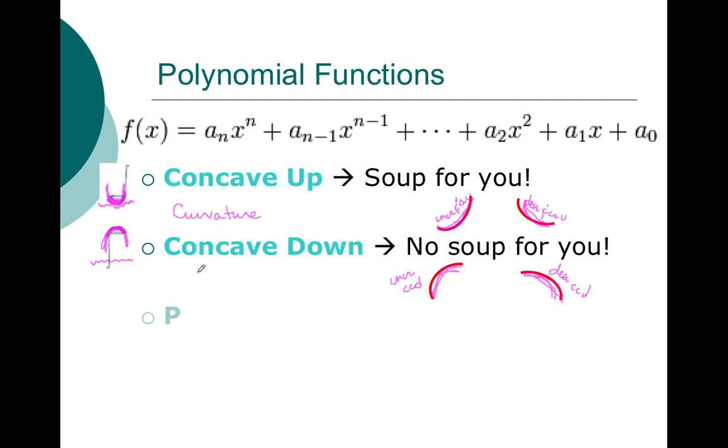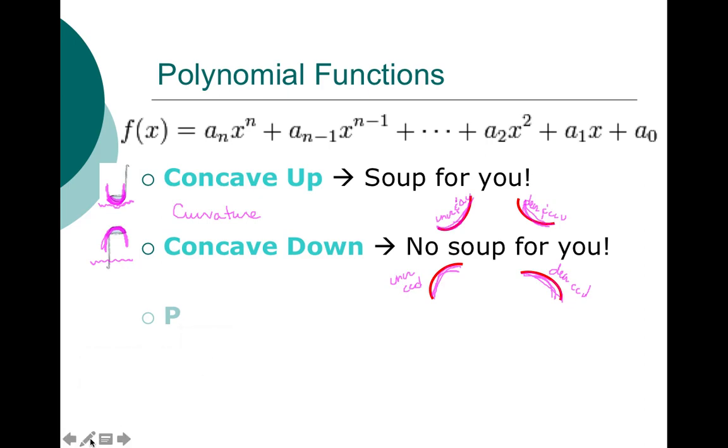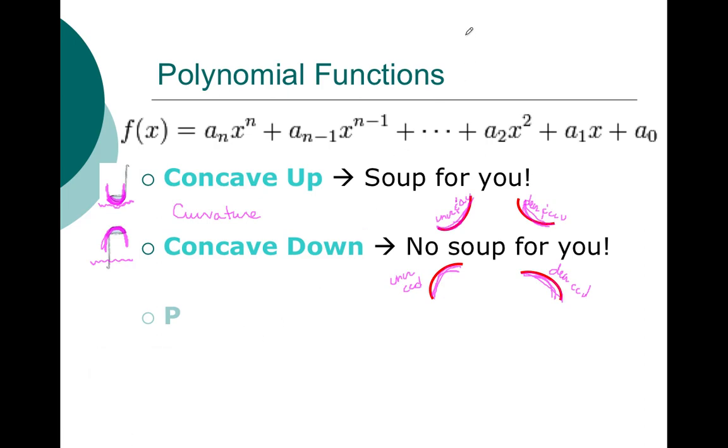And when they do both, think about a parabola that opens up. A parabola decreases and then changes direction to increase. What do you call that point? When a parabola opens down, it increases and then changes to decrease.